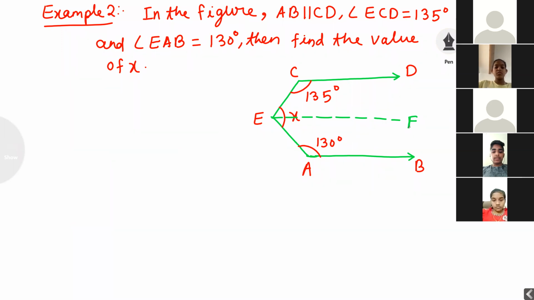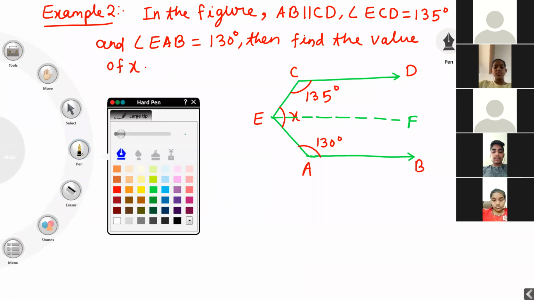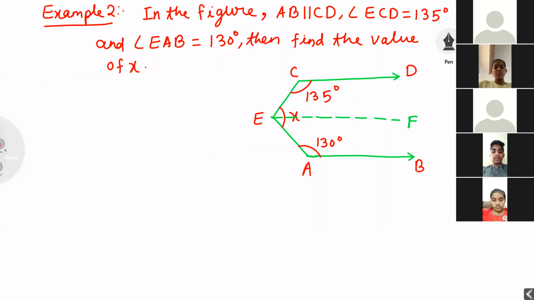Again, how to find the value of X? Very easy question. If I draw this supporting line, I can assume up angle is 1 and down angle is 2.